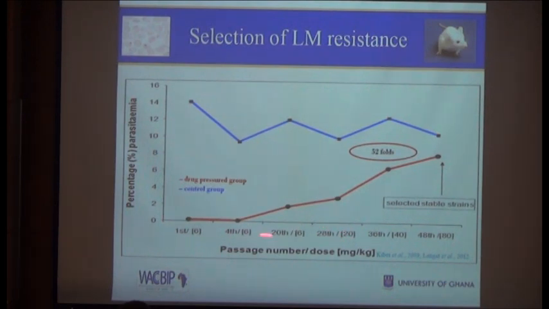So initially the parasite was not responding so fast to the drug. But this shows the number of mechanical passages. So within 48 passages, we had a parasite that was highly resistant, or call it moderate resistance based on the classification, that you could not kill even if you applied 52 times the initial dosage that we had.